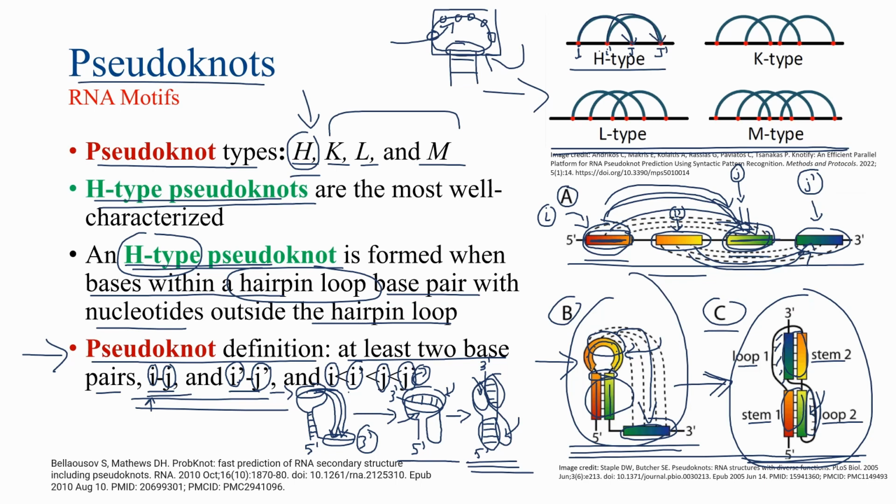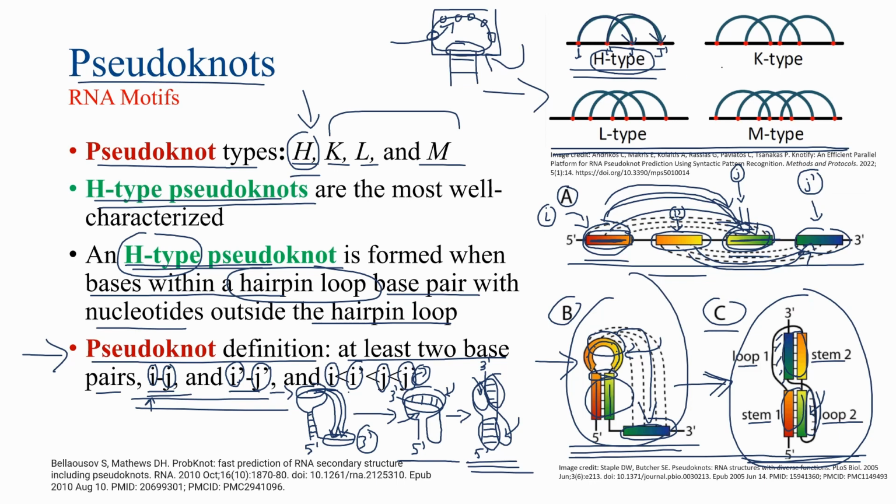And you have the formation of an H-type pseudoknot where you have a hairpin loop that's going to form, and this hairpin loop will have nucleotides within it that will base pair with a region outside of the hairpin loop. So once you understand the H-type, it's pretty intuitive to understand all the other types of pseudoknots.